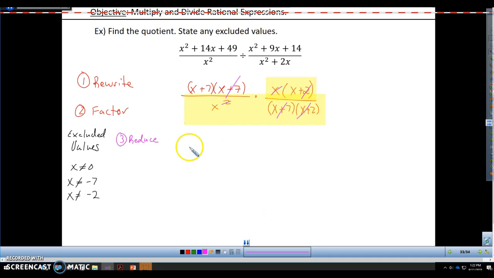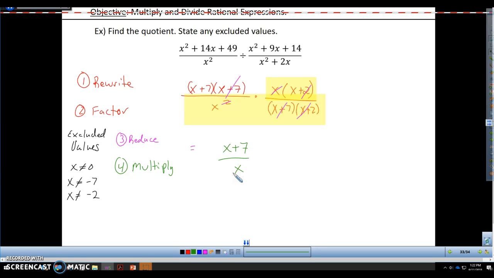Okay, so what I'm left over with when I multiply straight across, multiplication, is x plus 7 over just x. Okay, and that is it.